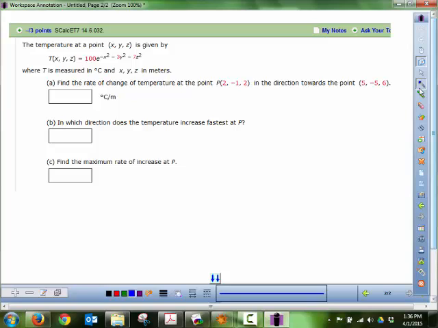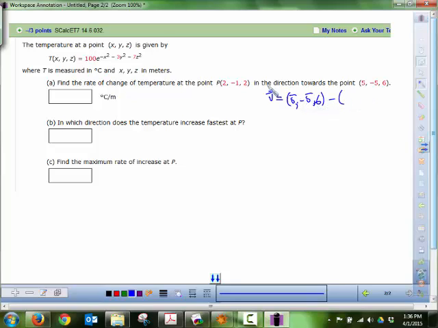All right, we have a temperature, and then we want to find the rate of change from one point to another point. So that one point to another point is actually giving us our direction. So our direction vector here, we'll call it V, is equal to 5 minus 5, 6.